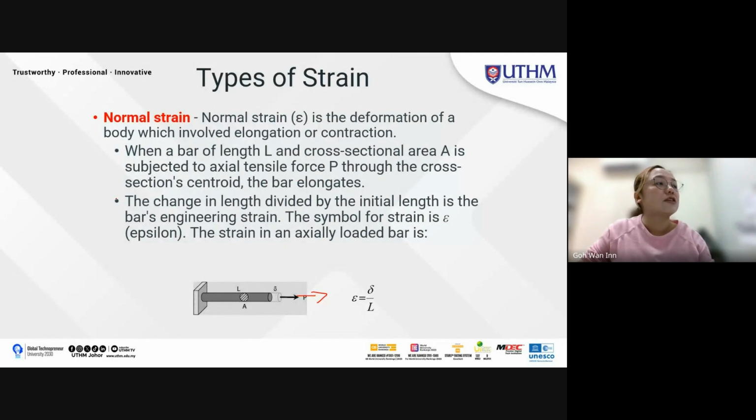So the change in length divided by the initial length is the bar's engineering strain. The symbol for strain is epsilon. The strain in an axially loaded bar is this change over the original L, the elongation, the epsilon.